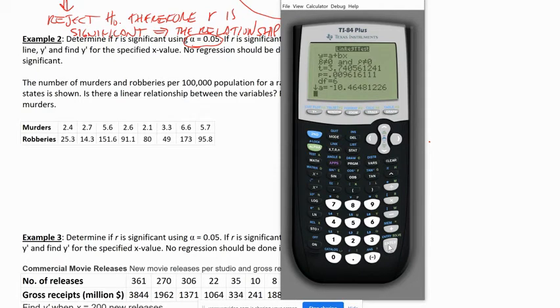And so this gives me, let's see, if I scroll down far enough, it gives me A, B, and R. And so I'll want to copy all of those things down.